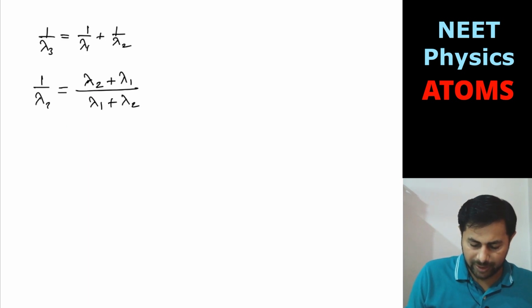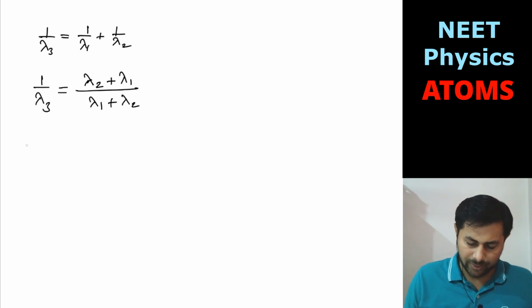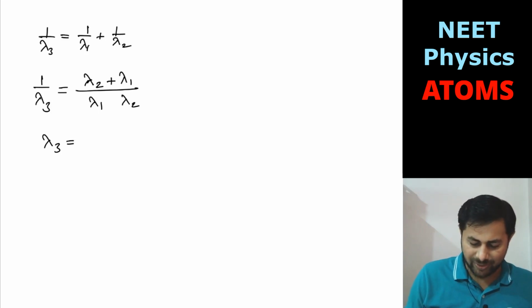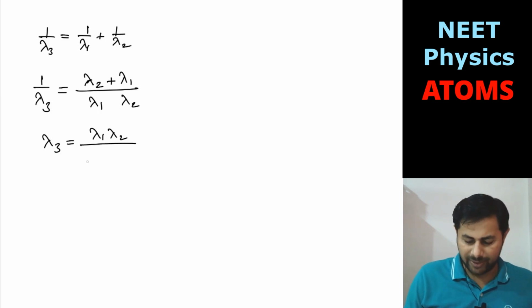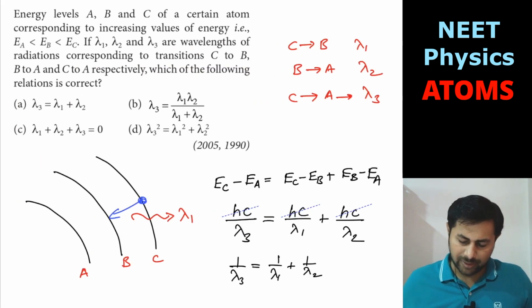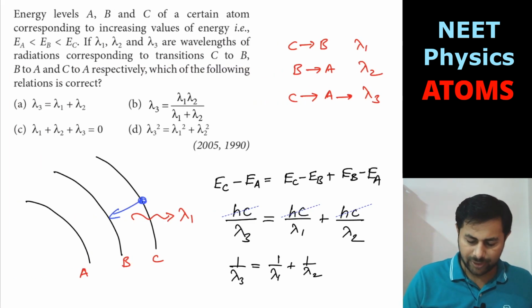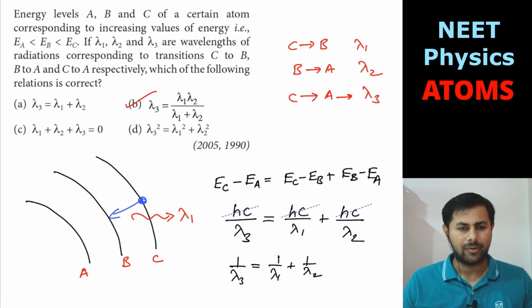This is 1 by lambda 3, and therefore, oh, I wrote plus here. So lambda 3 would be equal to, taking the reciprocal, lambda 1 lambda 2 divided by lambda 1 plus lambda 2. So it's option B. This one is clear.